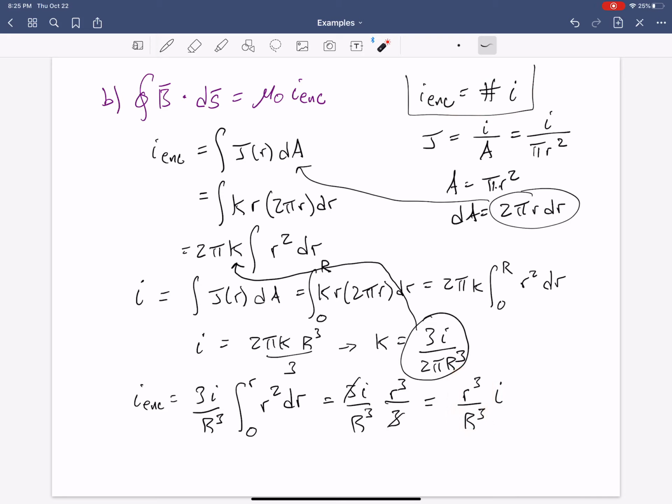The radius for our Amperian loop cubed divided by the entire radius of the wire, right? And so the enclosed current will be some percentage that's less than 1 of our total current. And now we can plug this into Ampere's law above, okay? So keep this expression in mind.